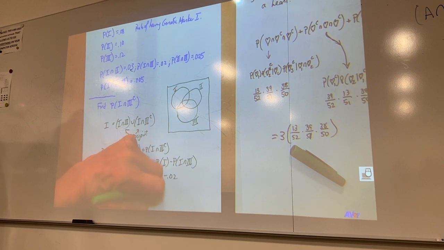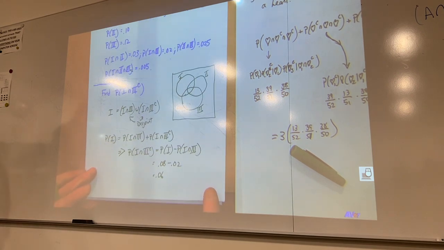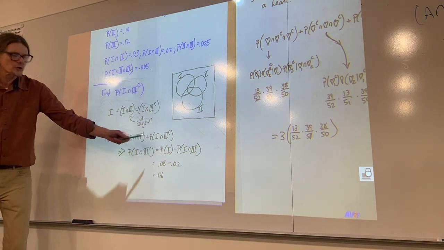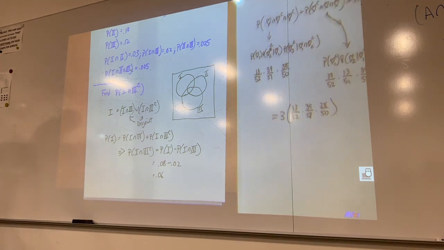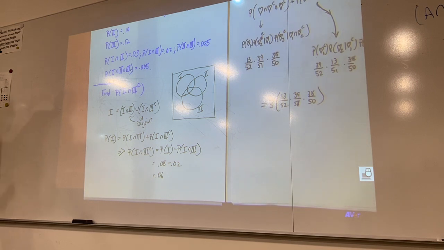Or 0.06, i.e. in this particular population, 6% of this population have marker 1 but not marker 3. Does that work? Okay, to see if I follow this. So we start with the probability of having 1 and not having 3, which we deconstruct. We want to find, in the diagram there, the area of 1 that does not intersect the area of 3.